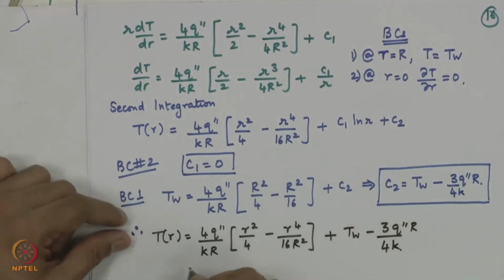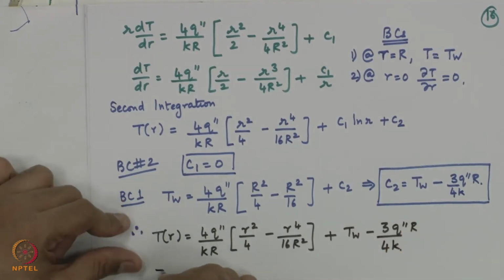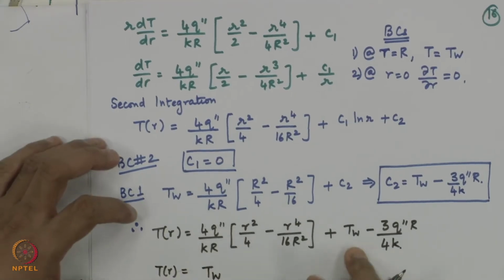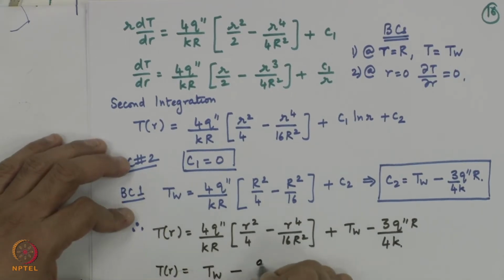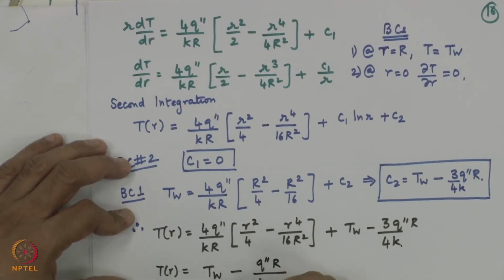Which I like to make it in a form which is nice. So, T of r is equal to T W minus q double prime R by k, everywhere that is appearing. So, I take it out, open the bracket.